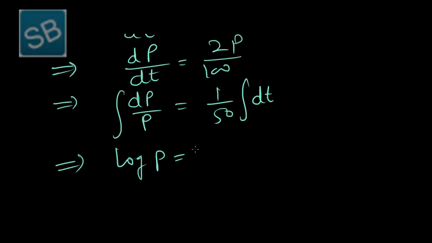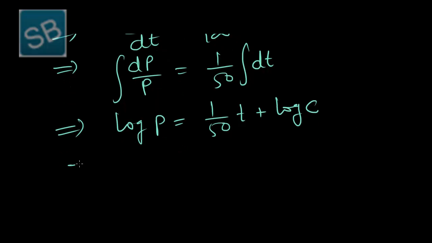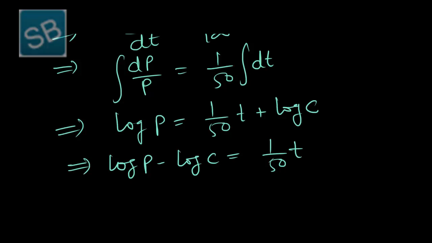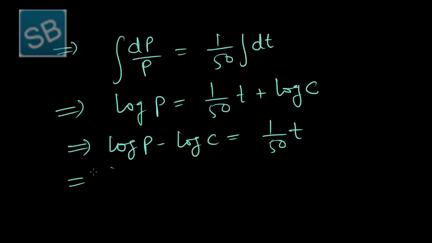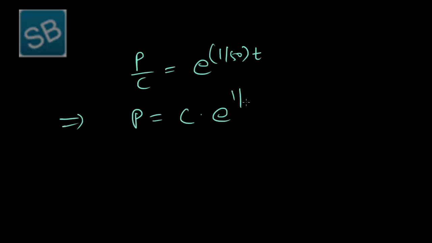So it becomes log P is equal to 1 by 50 T plus log C, as done in the article of exponential growth. So we get log P minus log C is equal to 1 by 50 T. That is, log P over C is equal to 1 by 50 T. That is, P over C is equal to e raised to power 1 by 50 T. That is, P is equal to C into e raised to power 1 by 50 T. At T is equal to 0, P is equal to P naught at the present time.